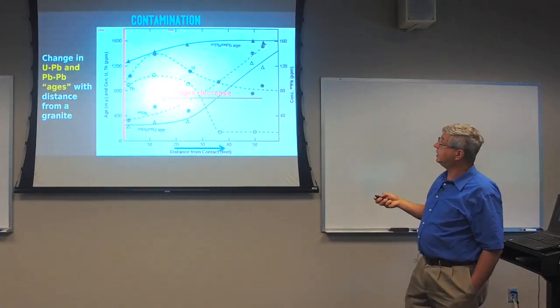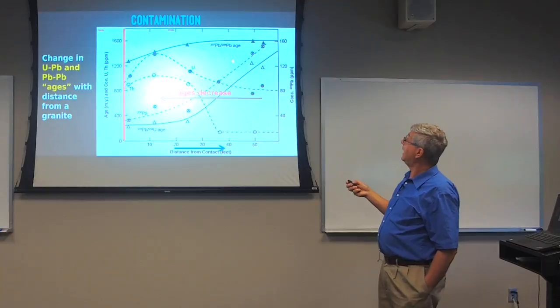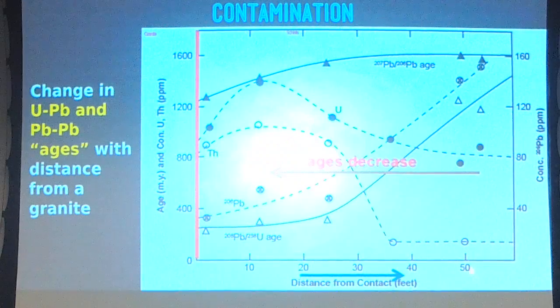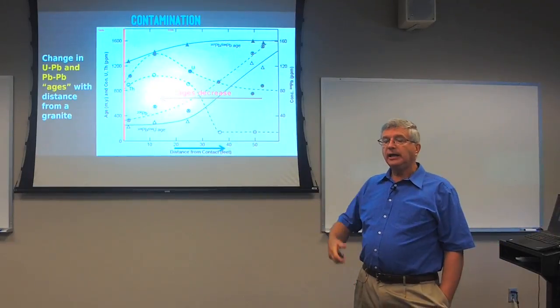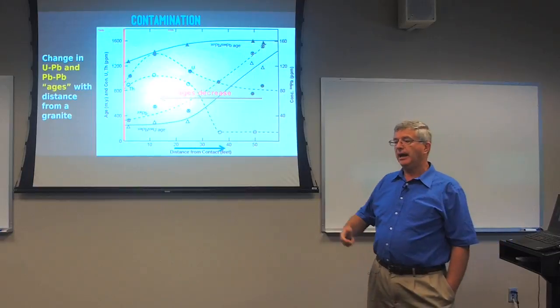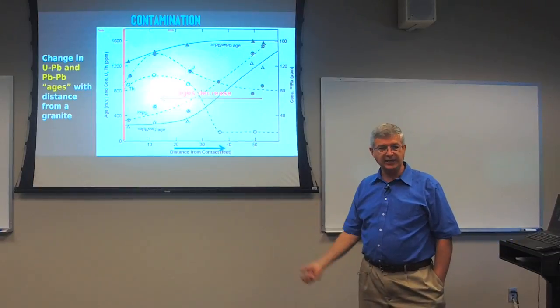If we also look at it with the uranium ages, the scale is different. Now we're only down to 50 feet. It hasn't been perturbed as much by distance, but it shows you the heat and the fluids coming out of the granite can contaminate and therefore change these ages.